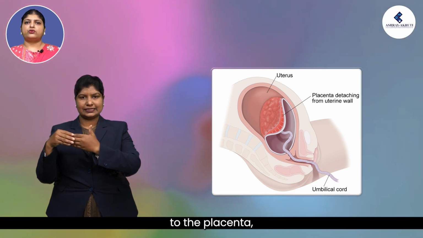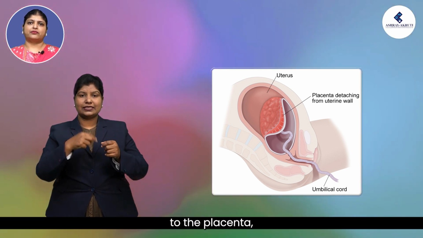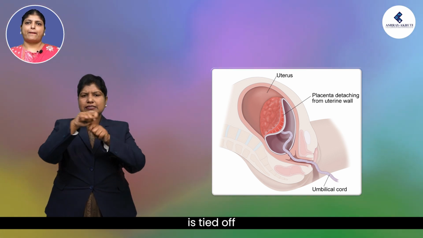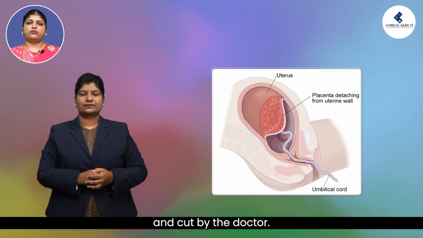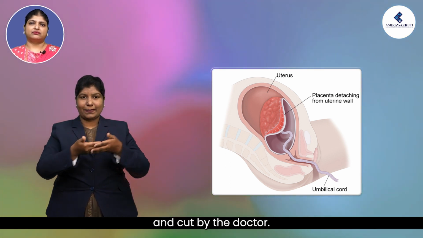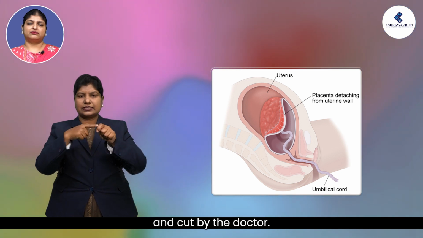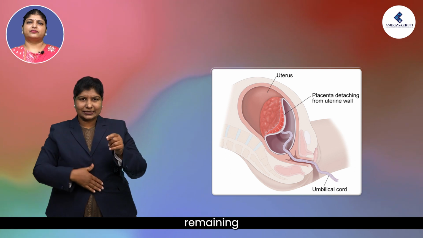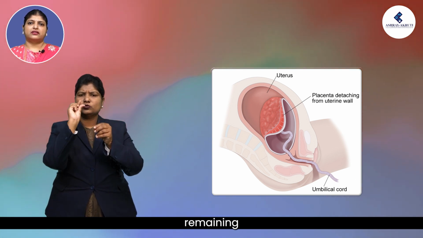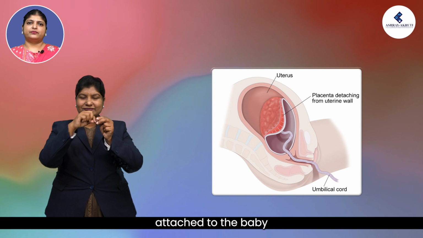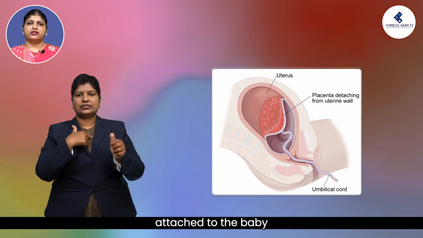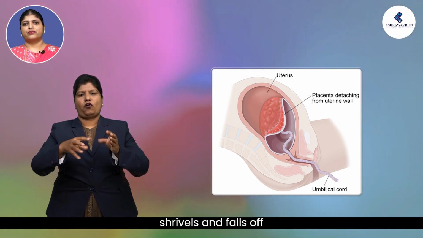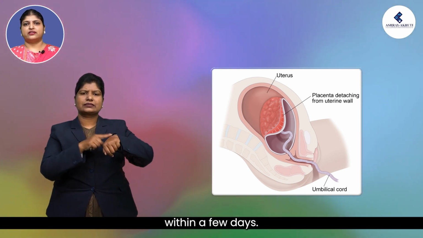The umbilical cord leading from the baby to the placenta is tied off and cut by the doctor. The small piece of cord remaining attached to the baby shrivels and falls off within a few days.